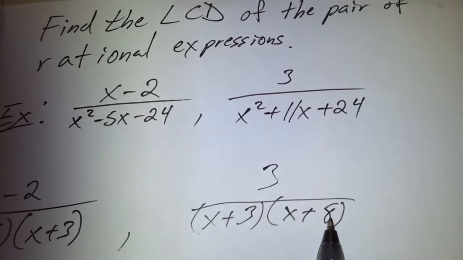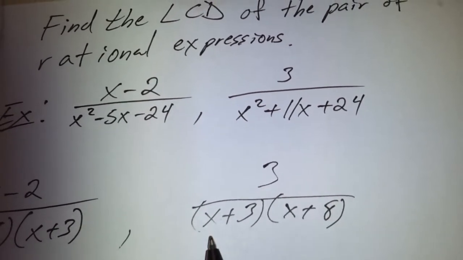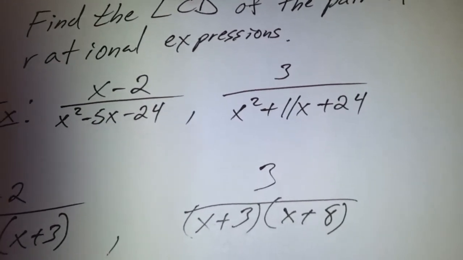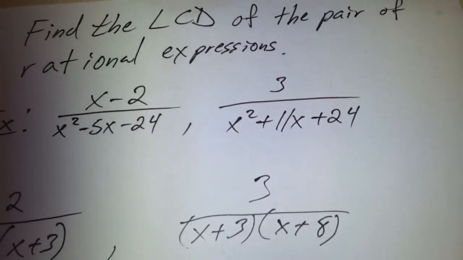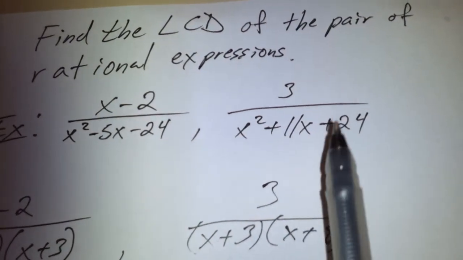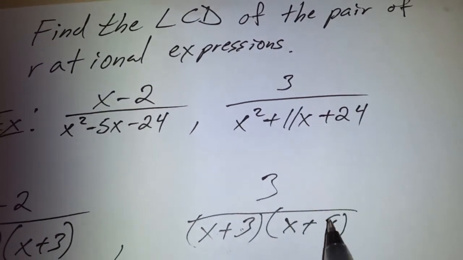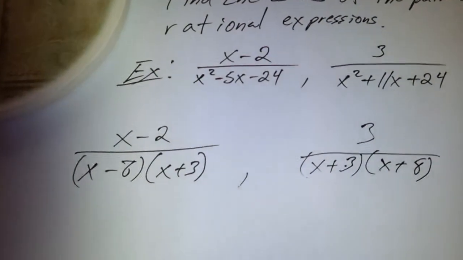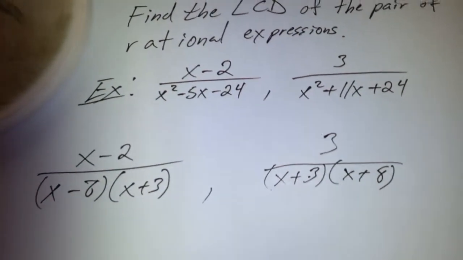Multiply x times 8, it gives us 8x. 3 times x, 3x. 8x plus 3x does give us 11x. And 3 times 8 is 24. So we have factored both of these rational expressions correctly.